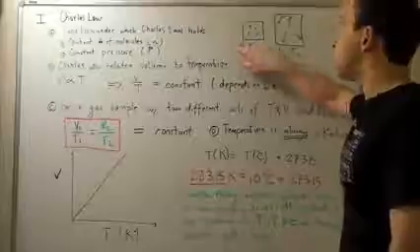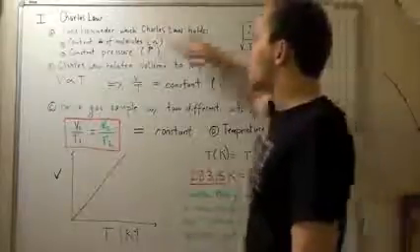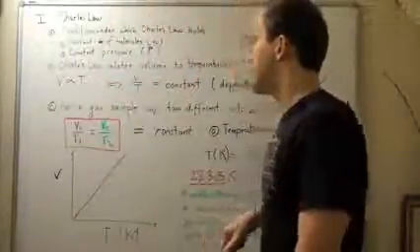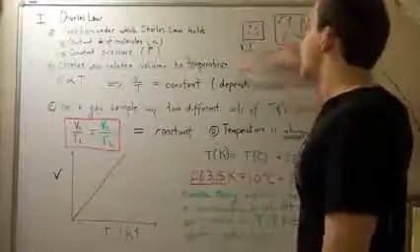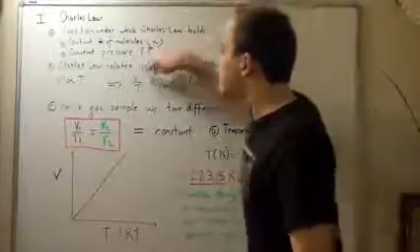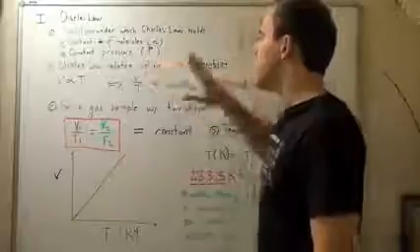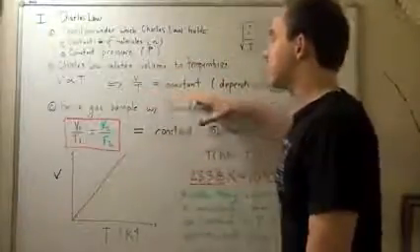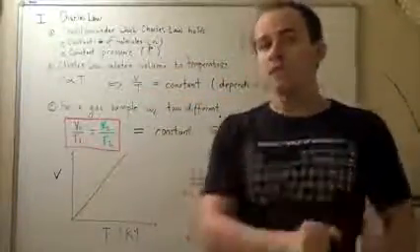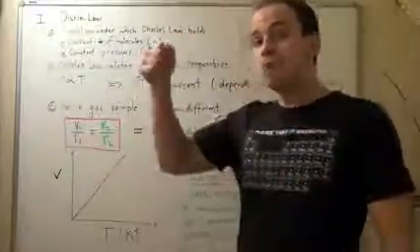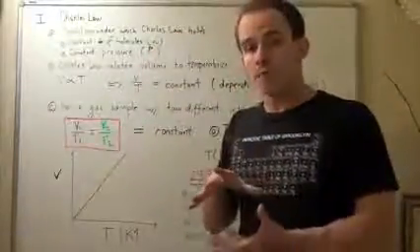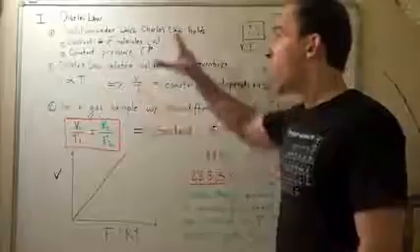So what happens to volume? According to Charles' law, if we go outside and my temperature drops, then my volume must drop as well to make sure that our constant stays the same. That means if I go outside, my balloon will shrivel. It will become smaller. And that's because of Charles' law.